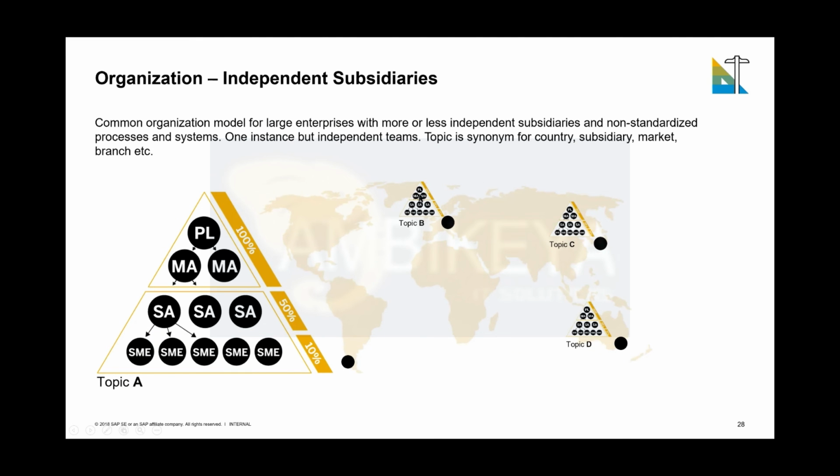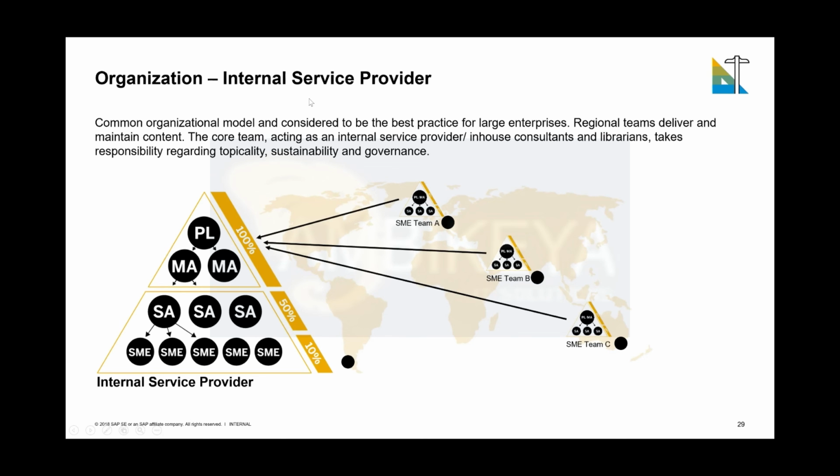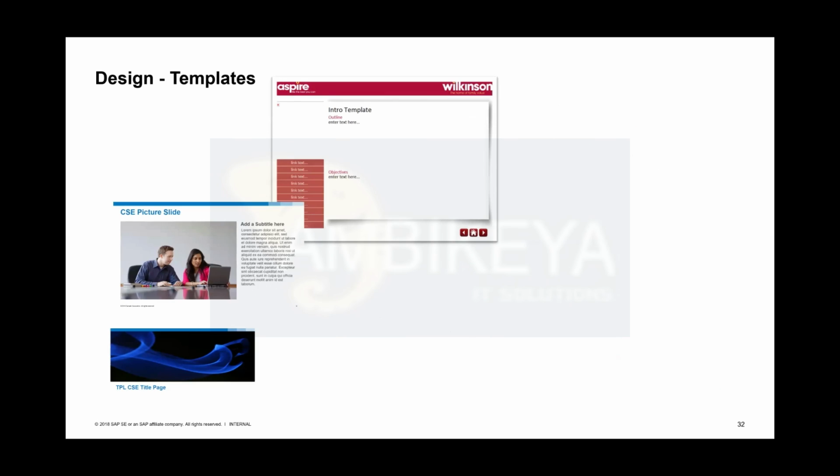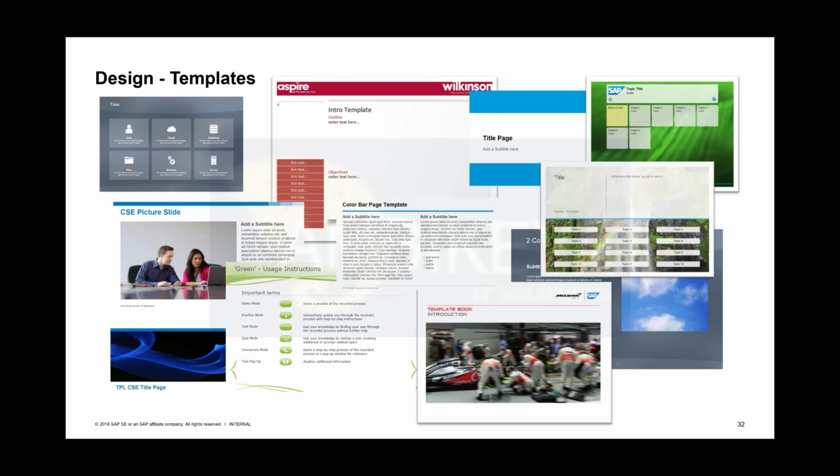Independent country, market, whatever subsidiaries, just call it topic here, rather going for the internal service provider approach, where subject matter expert teams in the regions are for the single applications, they work together and provide content for a properly trained core team. And all this works, designs, info center link, templates, info center link.